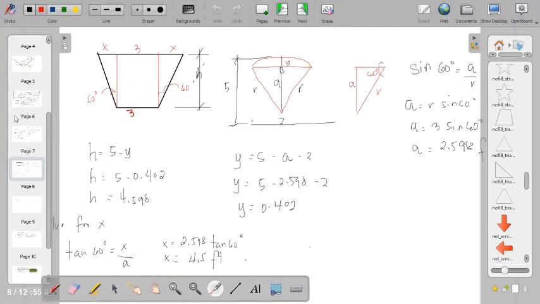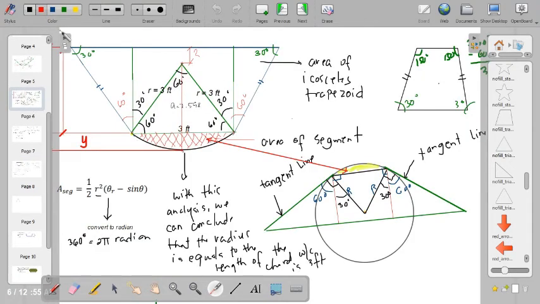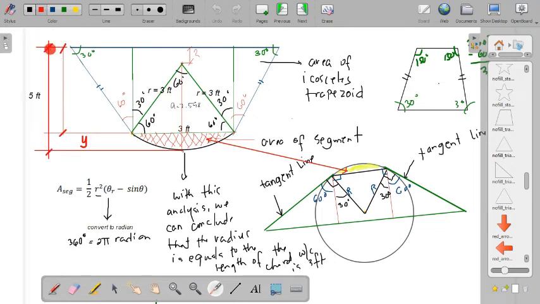So, meron pa siyang 2 dito, class. So, if this is the 5, okay, minus y, or let's say minus h, okay, since this is 3, okay, ito 3 ito, kasi radius eh.